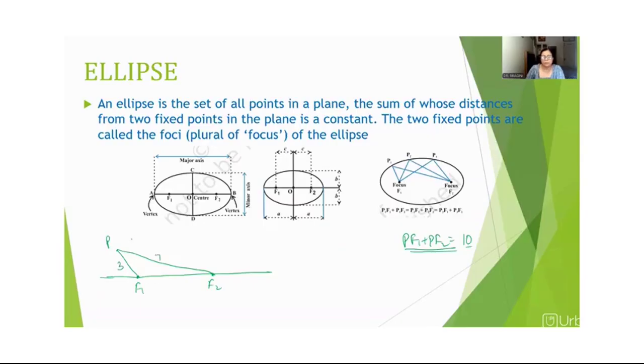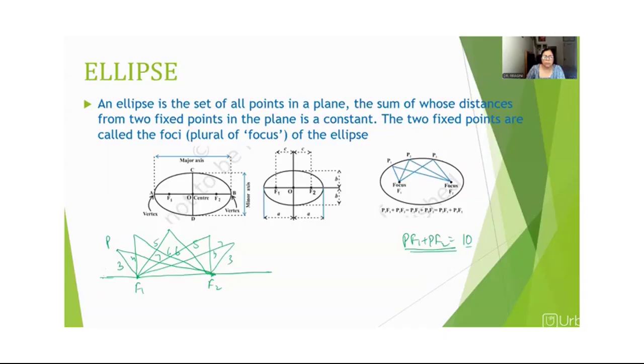The sum is 10. Let me take some other point here. This is 4, this is 6, right? This is 5, this is 5. Now if I go there, this is 6 and this is 4. This is 7 and this is 3.